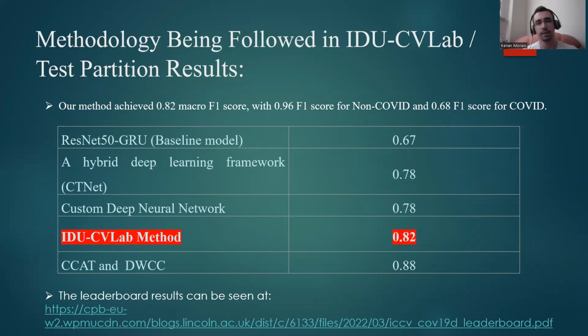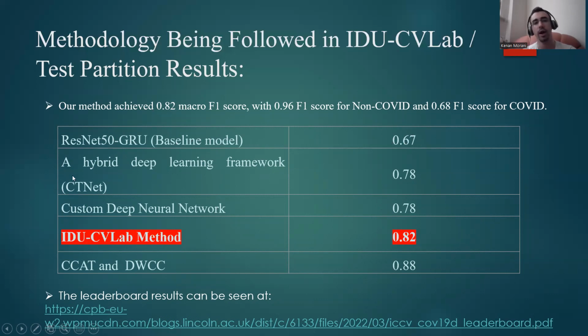So this table shows a comparison between our model on the test partition and other models. Here you've got the baseline model, the one that we described before. On the test partition, it's 0.67. This is the baseline result.